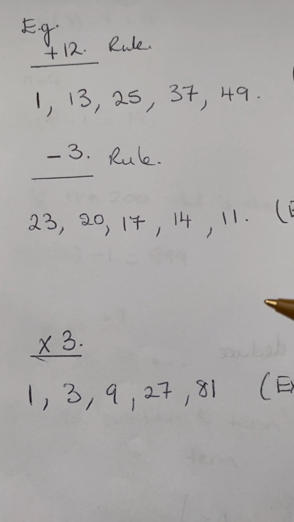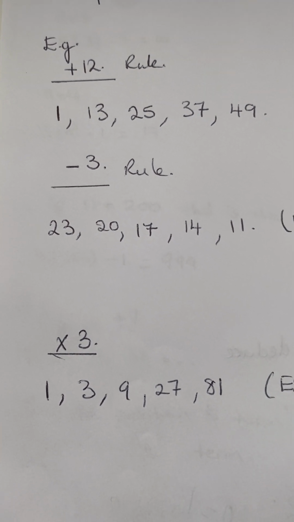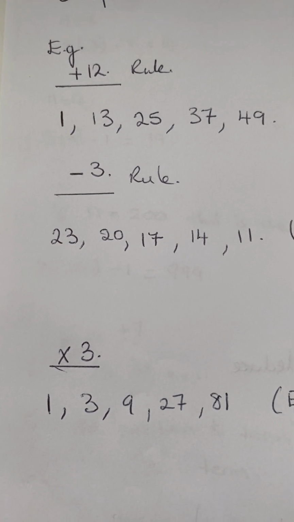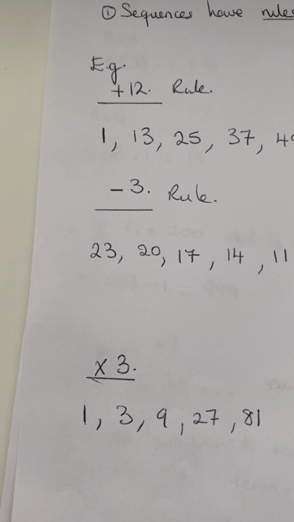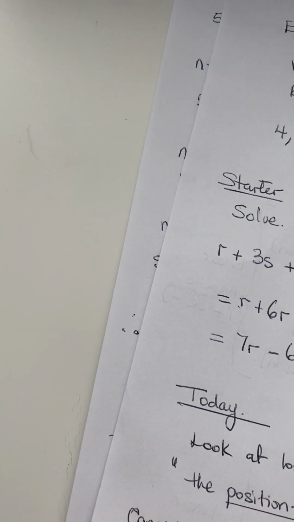But if you want to find the 100th or the 250th or the 75th position, then we need to use the position to term rule. So that's what I've tried to introduce to you today.